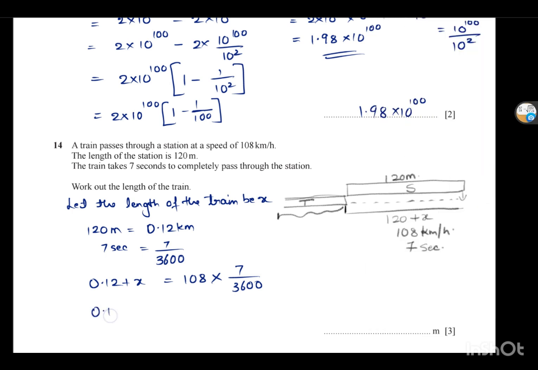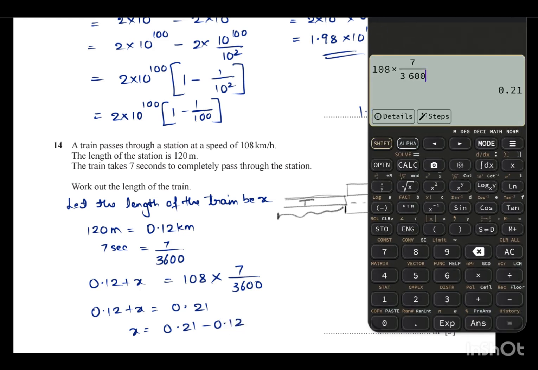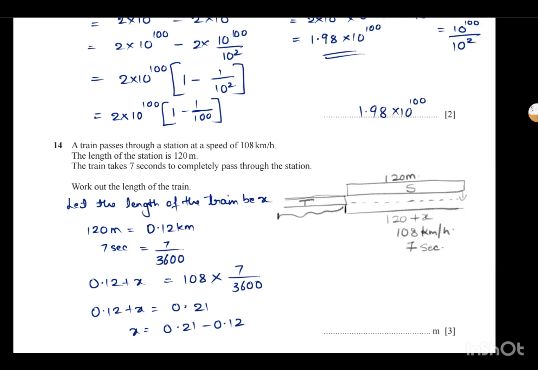So 0.12 plus x is equal to 0.21. Keeping x, bring 0.12 on the other side, it gets subtracted. So from 0.21, if I subtract 0.12, I get 0.09.